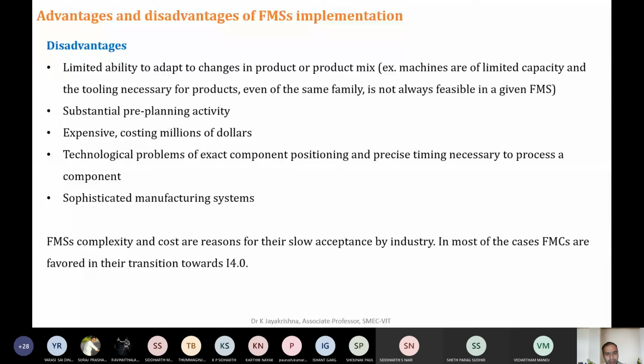But even though the companies cannot offer the system because it's costly, or there's some complexity in understanding the system before installing, FMS should be adopted by all organizations in their transition towards Industry 4.0.